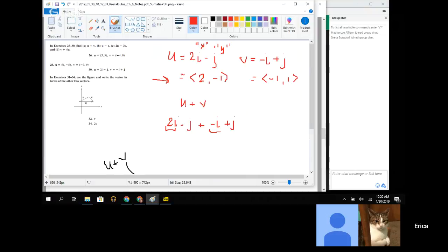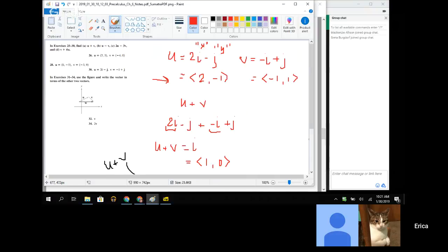So 2i minus i is i, and minus j plus j is nothing. So u plus v equals i, or if you translate that back, there is a 1 for the x part and a 0 for the y part. So if you see i and j, not a big deal, just a different way of working with the numbers.